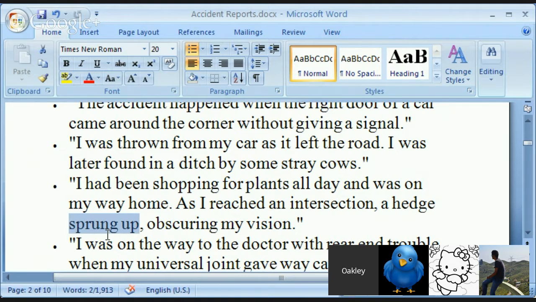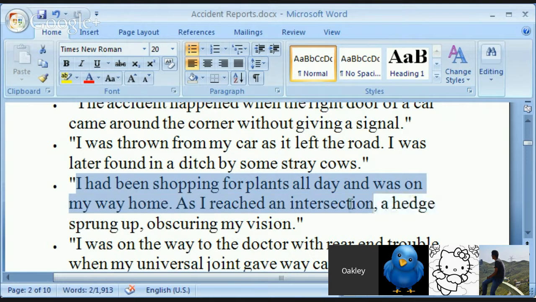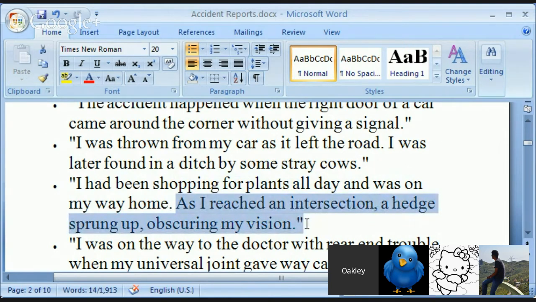Yes. It's not normal. But also, it's almost implied, I don't know why, but I've been shopping for plants all day. So it almost sounds like she bought a hedge, and as she was driving, the hedge jumped up in front of her, inside the car. Yes, that makes sense.